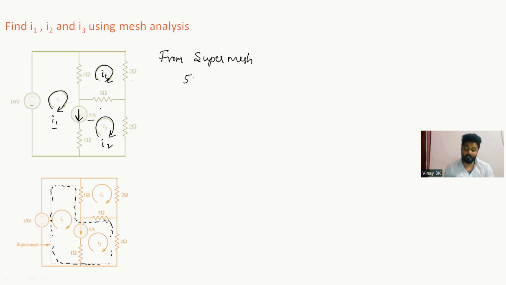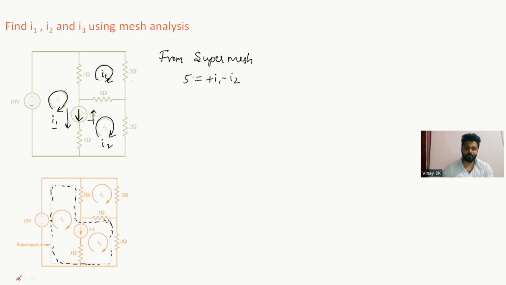Here you observe the direction of loop currents. I1 is flowing clockwise, that is downward, but I2 is flowing upward. So I can write here 5 ampere equals plus I1, because I1 is in the same direction as the 5 amperes, minus I2, because I2 is flowing opposite to the direction of 5 amperes.